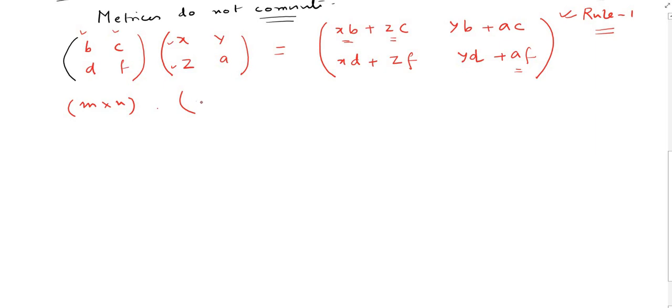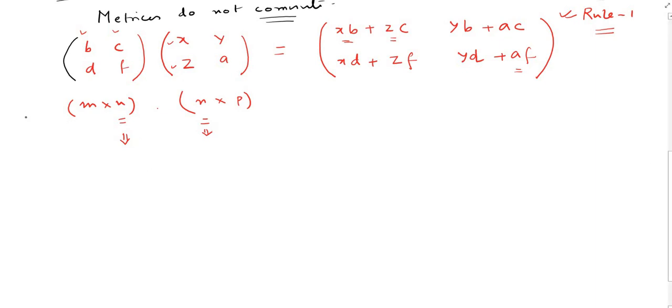So the number of rows should be the same. Here it's very important that the number of columns of the first matrix and the number of rows of the second should be the same. These two should be the same.